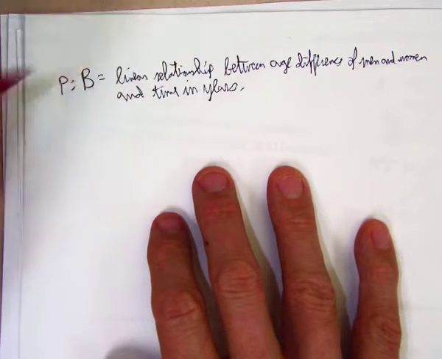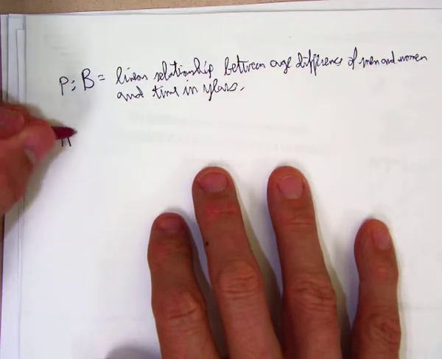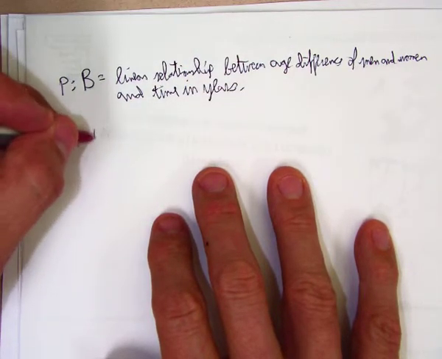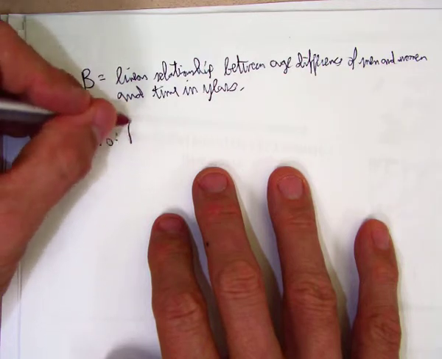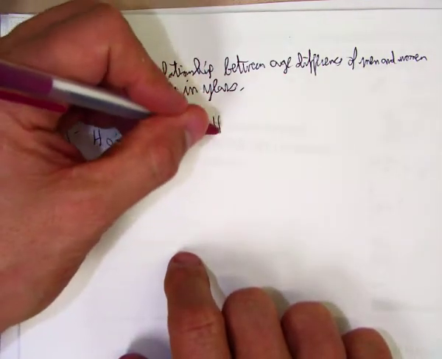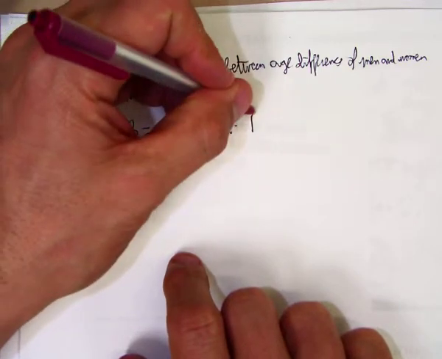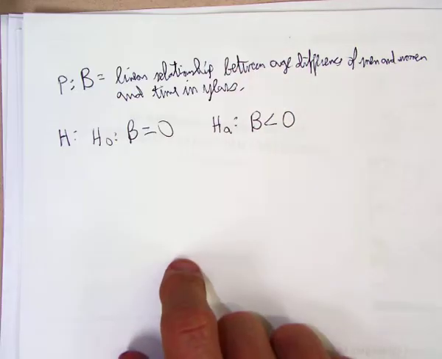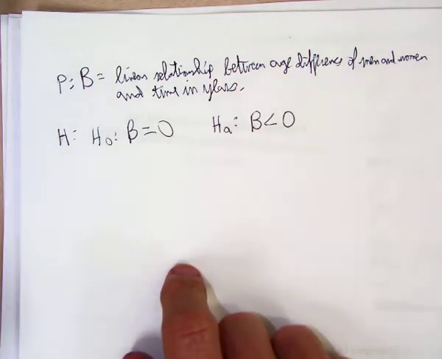Okay. The null hypothesis is that big B is 0, or there is no linear relationship. And the alternative hypothesis, I believe, is big B is less than 0. There's a negative linear relationship.